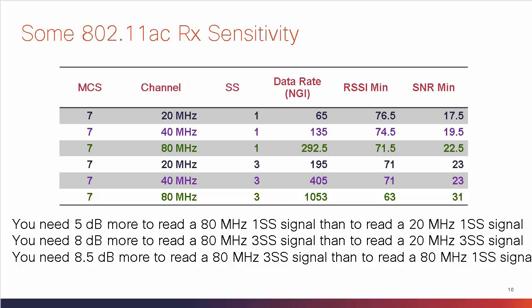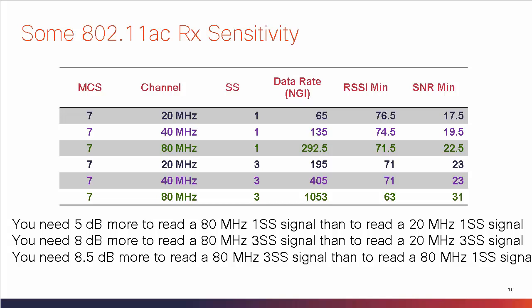If you set your channel to 20 MHz and you test during your site survey one spatial stream, you may find the cell edge at a point where you can have only 17.5 dB SNR. And you think that this is the size of your cell, this is where you'll get this 20 MHz wide, one spatial stream, 65 megabit per second transmission because you're using MCS7 there.